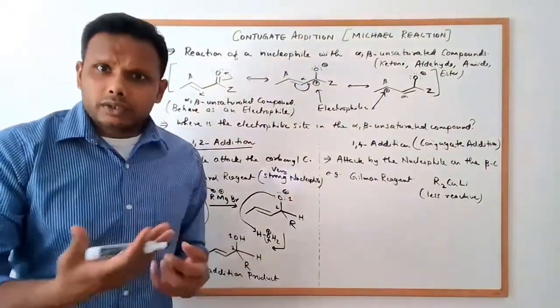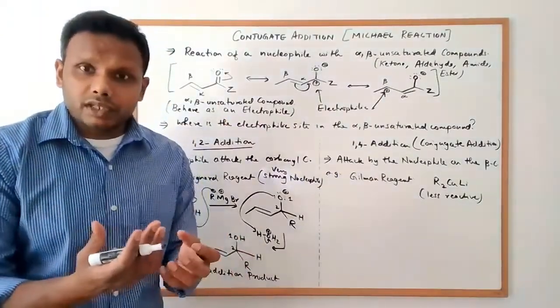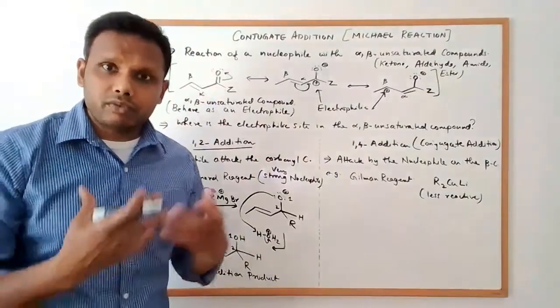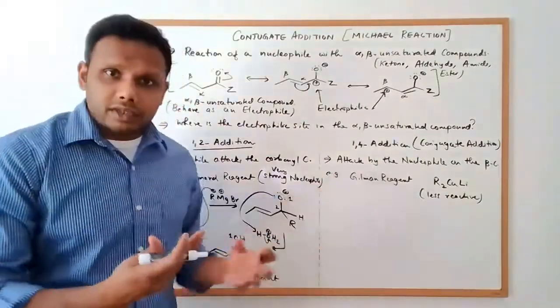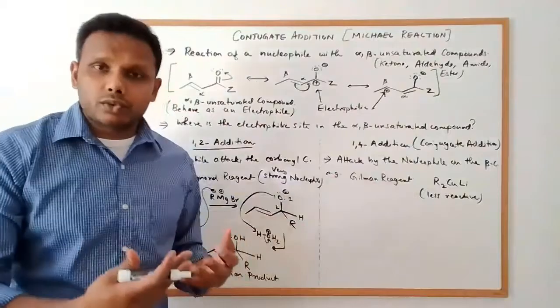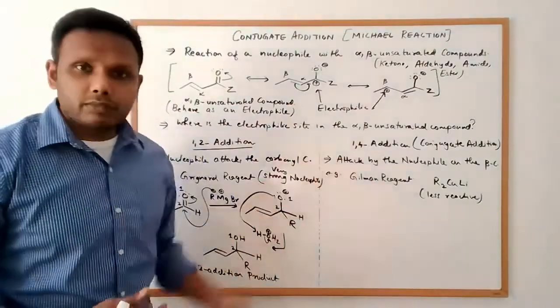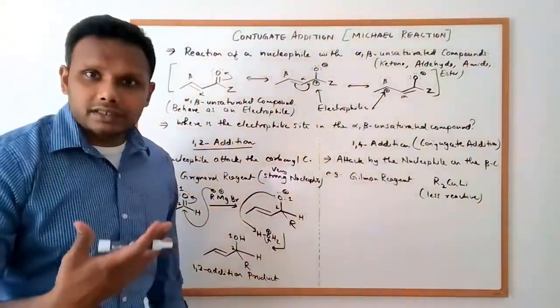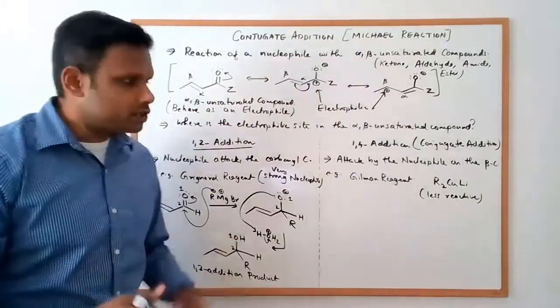That's how it happens in reactions. When something is not stable, it's going to be very reactive. But if something is stabilized relatively, then it's going to be less reactive. So Gilman reagent is an example of something that's less reactive, a bit more stabilized.